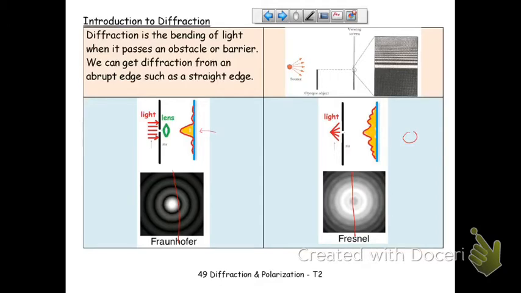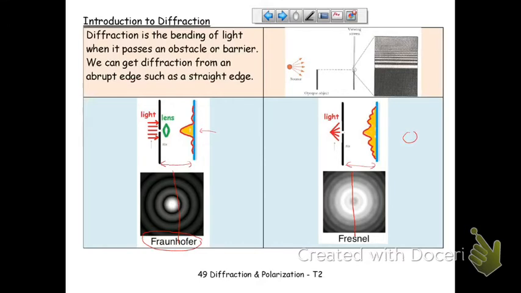Alternatively, if I can't move a long way away, I can fool the light into thinking I'm a long way away by having a converging lens there. So Fraunhofer diffraction involves this distance being incredibly far or having a lens there. And Fresnel diffraction involves not being incredibly far and not having a lens there.